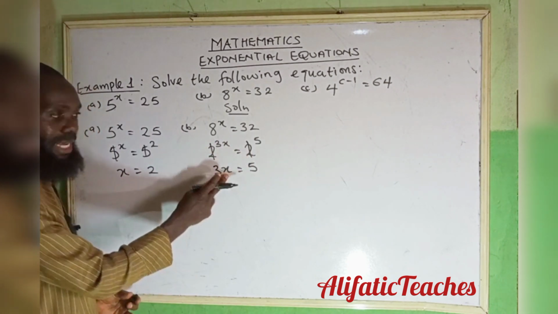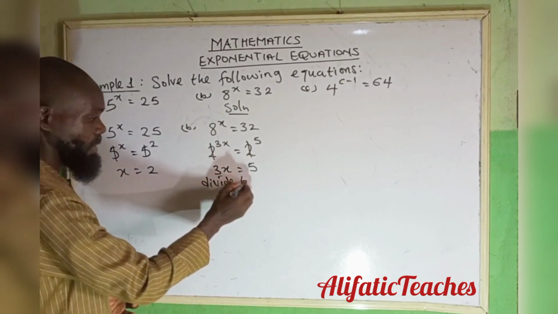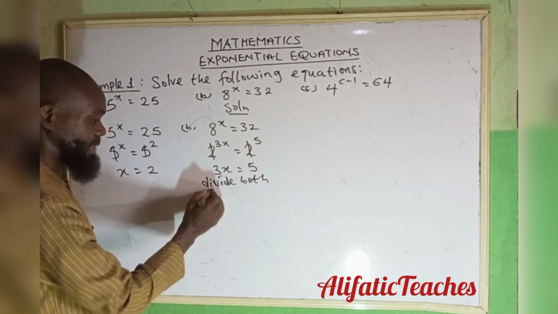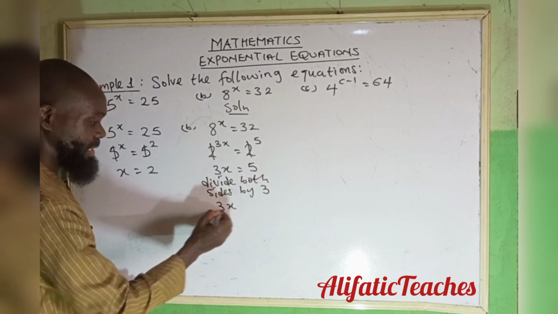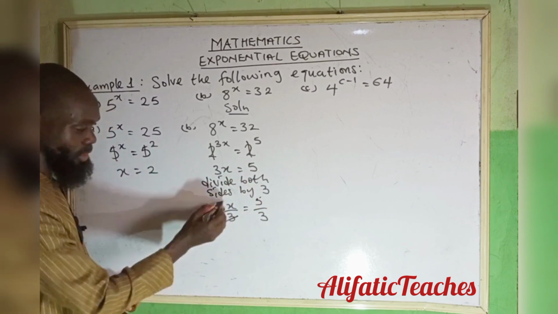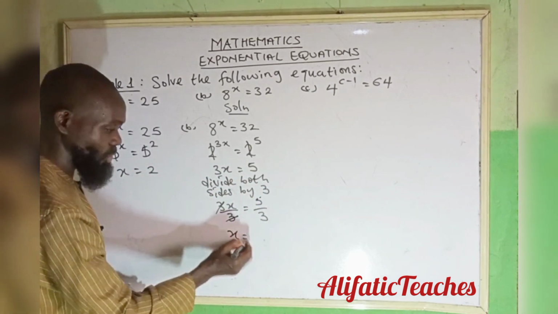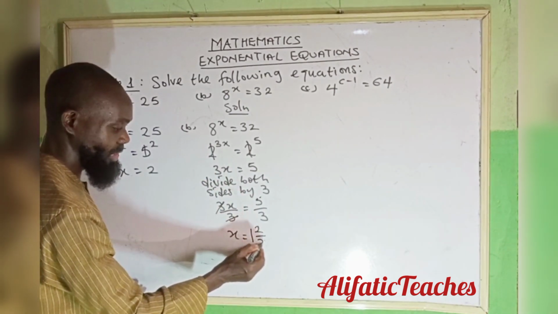I need my x, I need to remove this 3, so I have to divide both sides by 3. So 3x divided by 3 is equal to 5 divided by 3. 3 goes in 3, so my x is equal to 3 goes in 5, we have one whole number, 2 over 3.